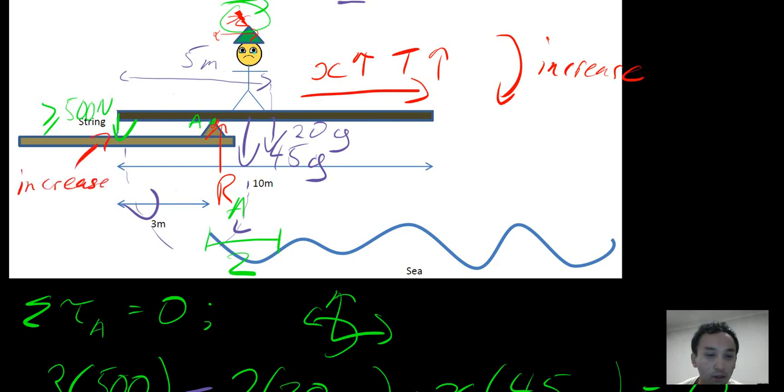You can imagine that the more mass you have on the right side of this pivot point, the more stress this string would experience.